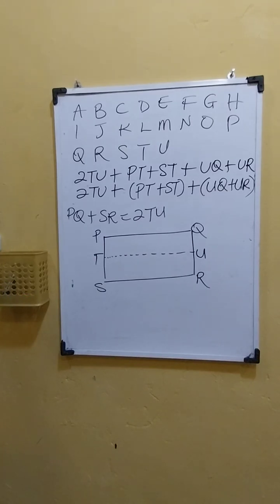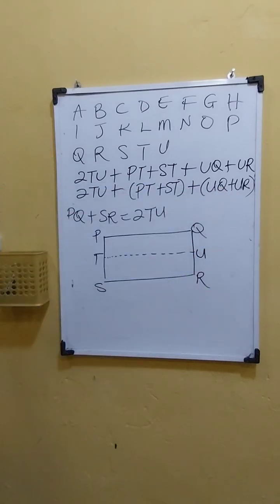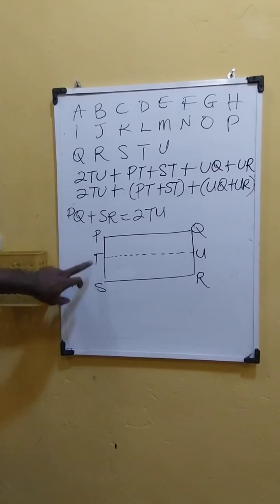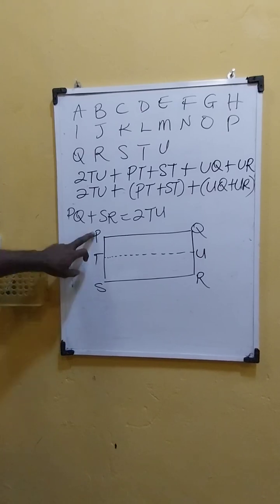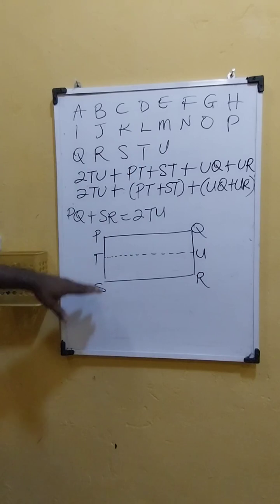From the diagram, now that we have reached this point, there is something we need to look at. You are seeing that you have PT, and you have TS, which were the parts that we divided based on the midpoint. You remember we divided this diagram into two halves.